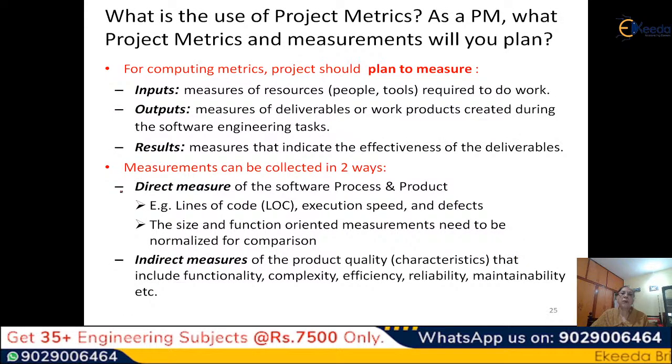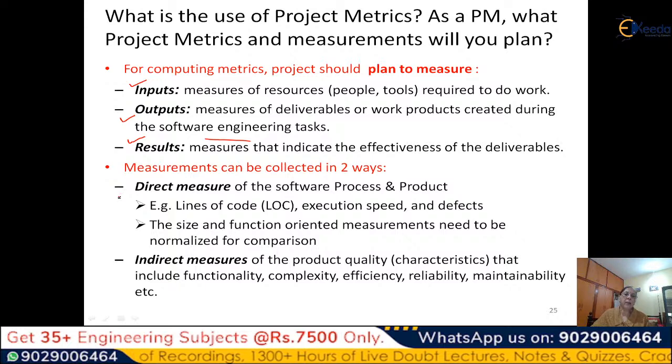So here what we do, we make measurements of the inputs. For computing these kinds of metrics, we have to take the inputs, the measurement of resources, people and tools required to do the work, outputs, how much has been produced, and results. Results basically means the deliverables, how effective they are.